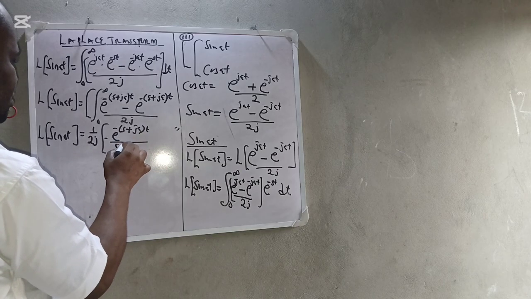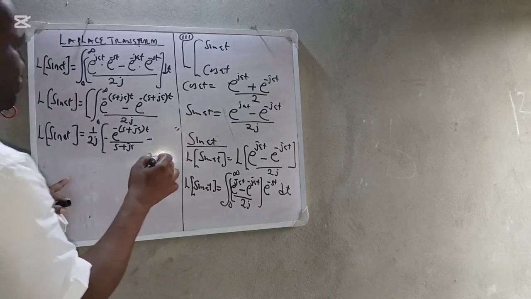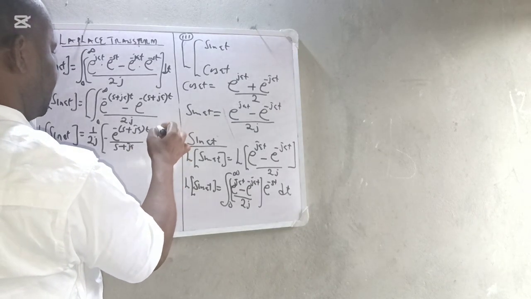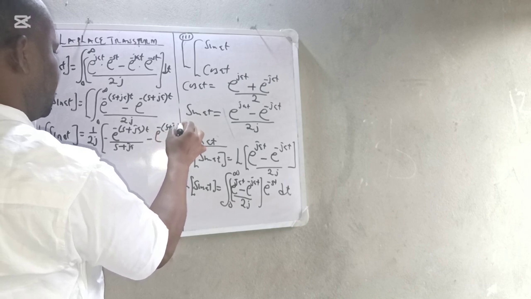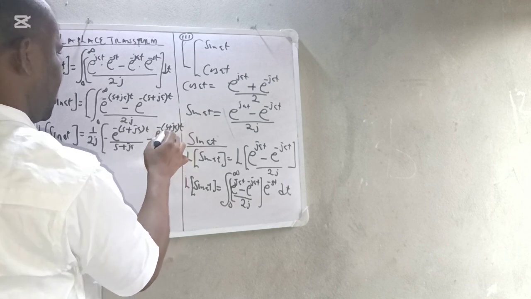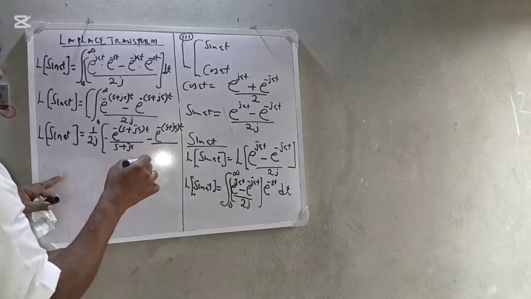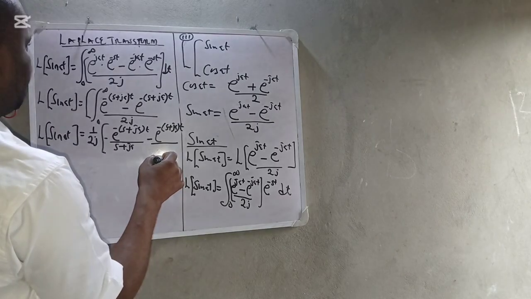This is minus the same thing here. We have s at divided by... let's look at this again.